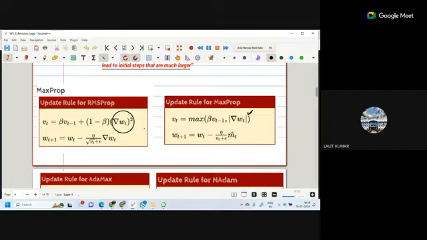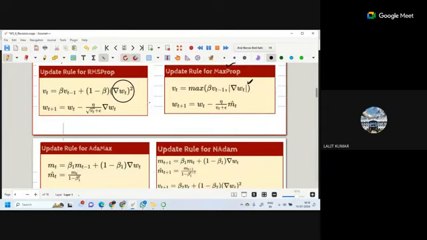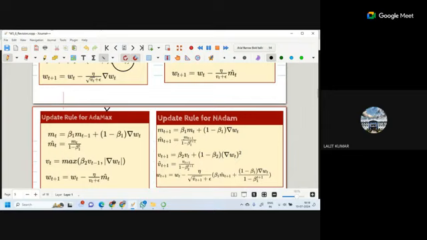We want to handle sparse parameters, so why not take the maximum gradient calculated from the history instead of squaring. With that, RMS max prop and ADAMAX came. NADAM you can go through.